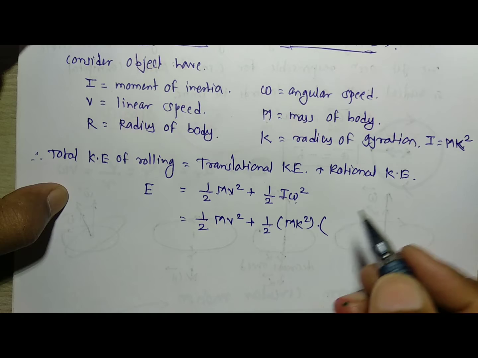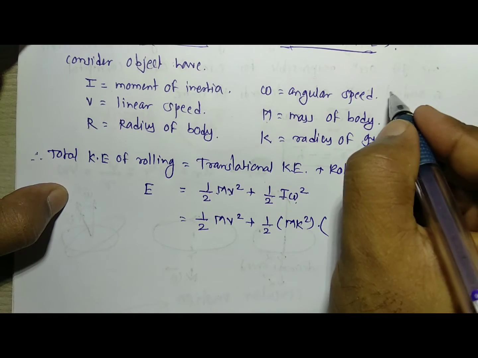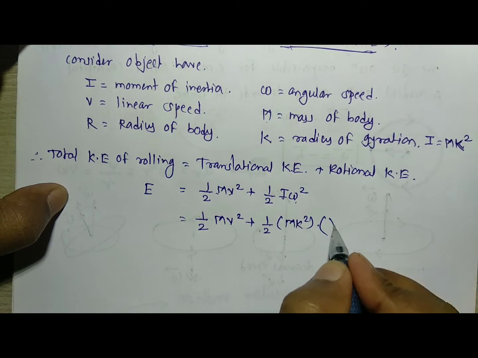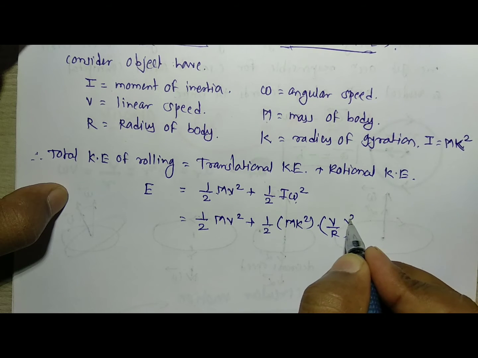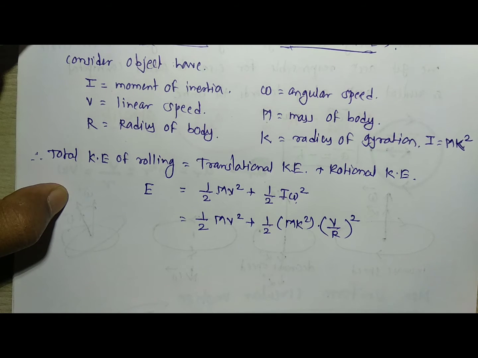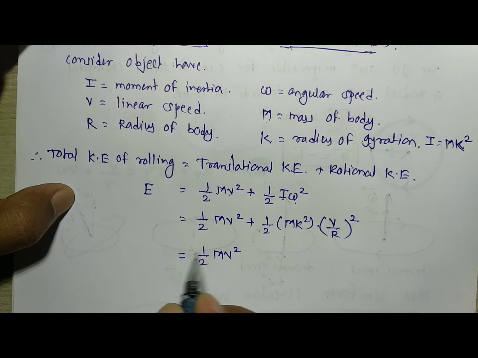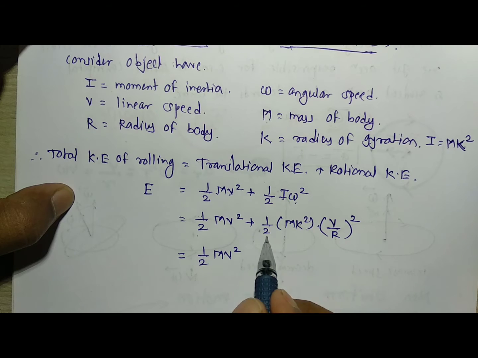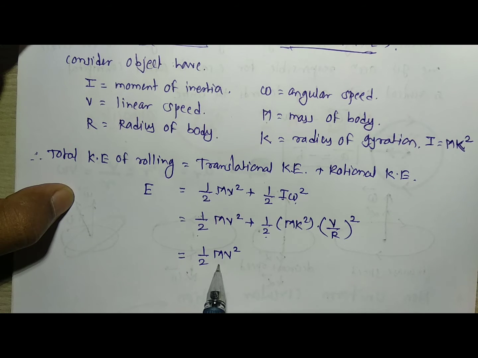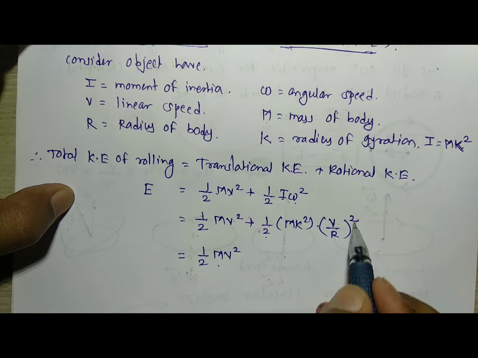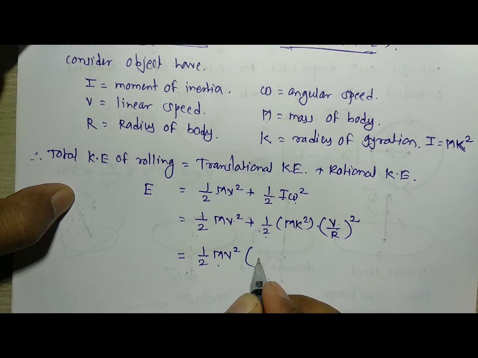Omega is nothing but v divided by r, so omega square is v square divided by r square. Now we take the common terms: 1/2 m v square outside, and inside the bracket, 1 plus k square divided by r square.